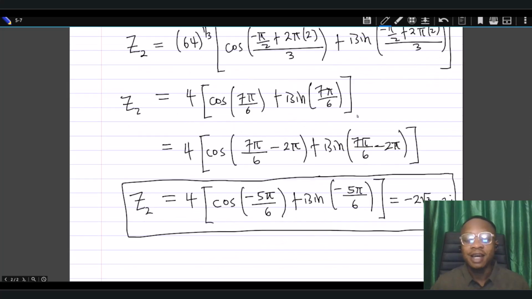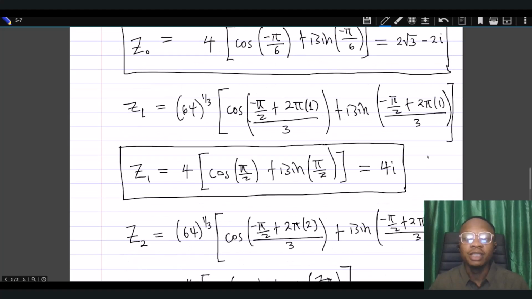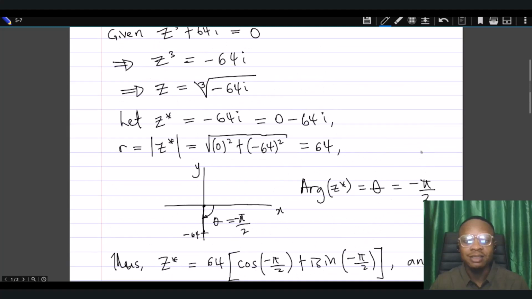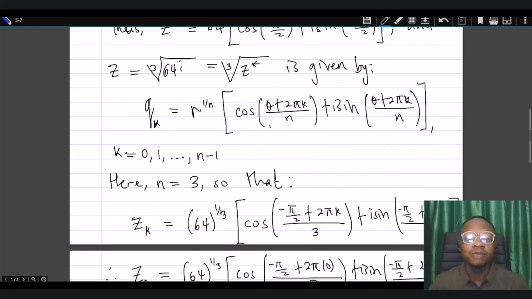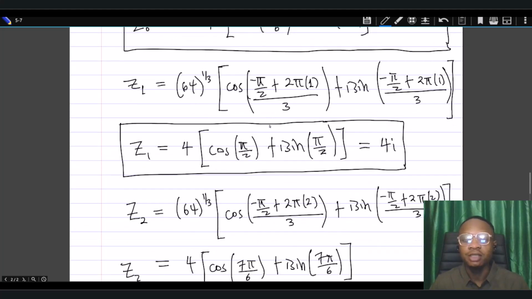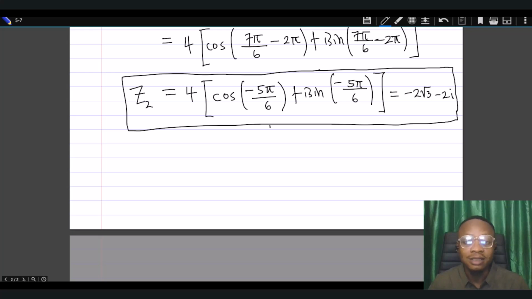And that means that when we take any of these and raise it to the power of 3, we'll be getting this result, which is minus 64i. So we can check that out for each one of them, raise them to the power of 3, and we get minus 64i. Let us have a check of this.